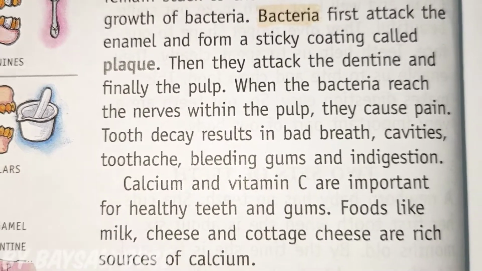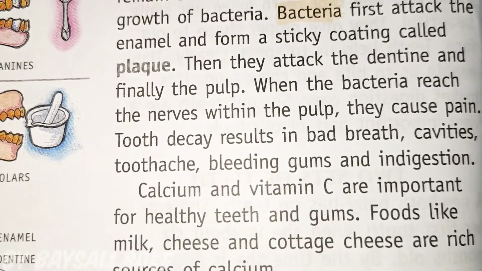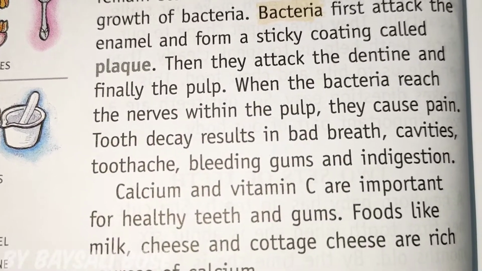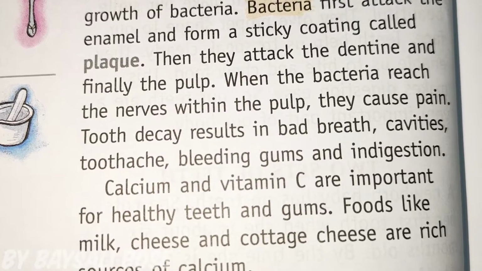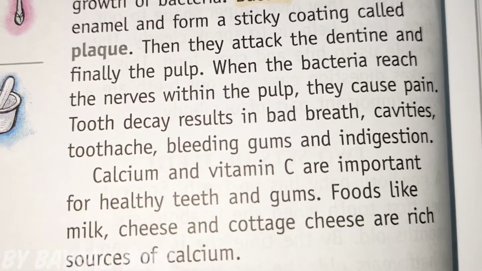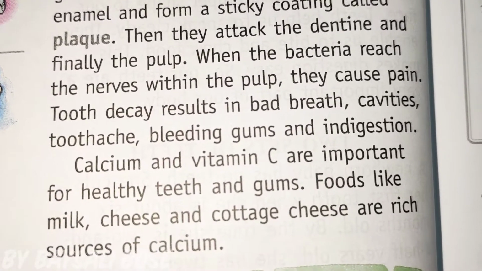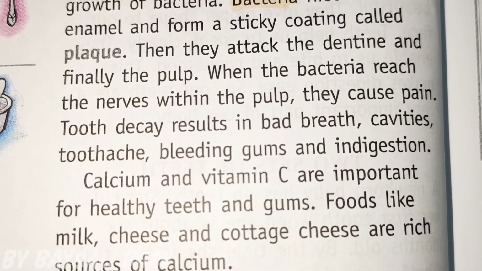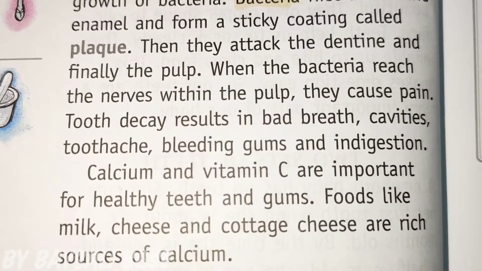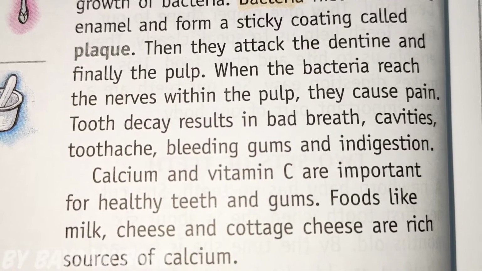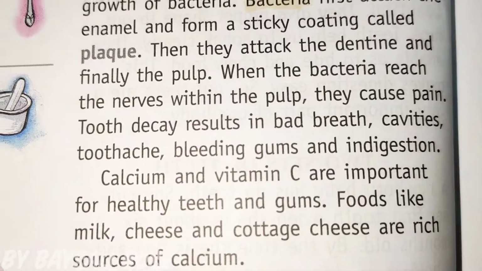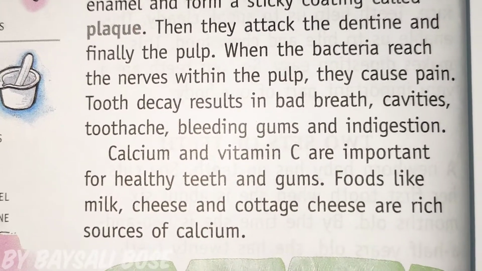So eating too much chocolate and similar things, making black patches on your teeth, and not brushing your teeth properly, causing the yellowish nature of the enamel, can all lead to bacterial growth and finally pain in your tooth.